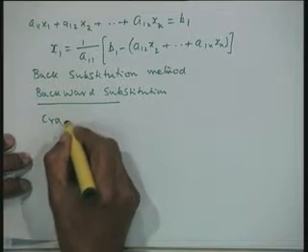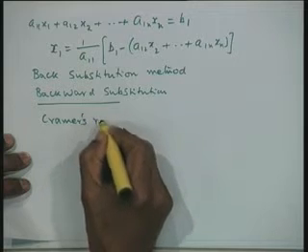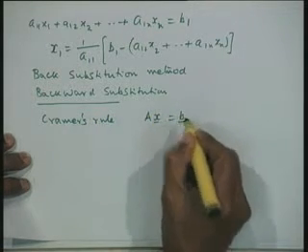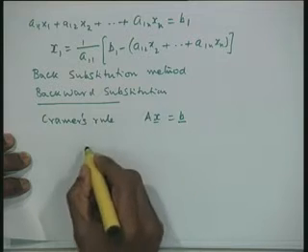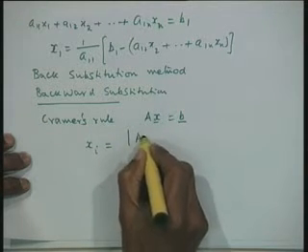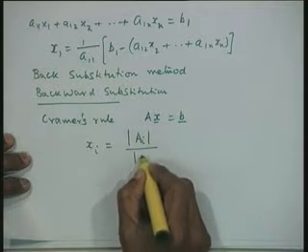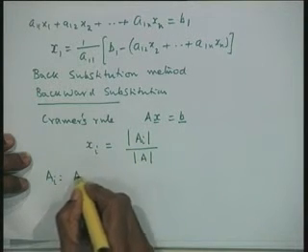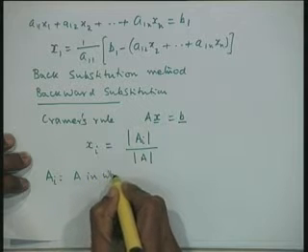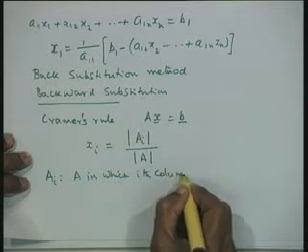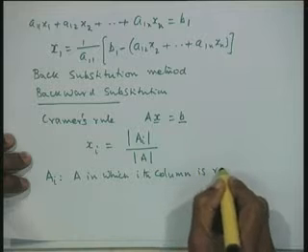If I solve this system of equations by Cramer's rule, we are solving the system A x is equal to b. We know that the solution can be written as x i is equal to determinant of A i divided by determinant of A, where A i is A in which the ith column is replaced by b.